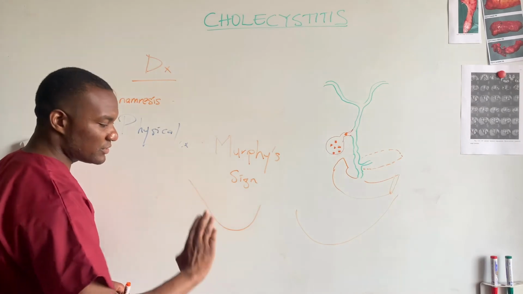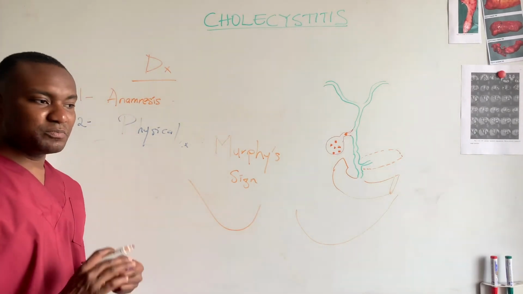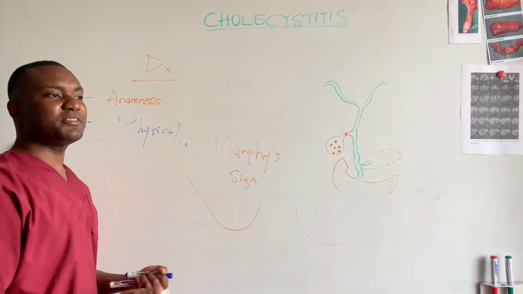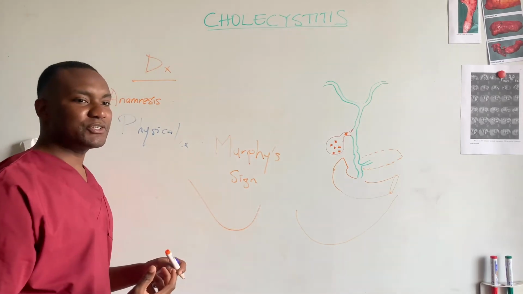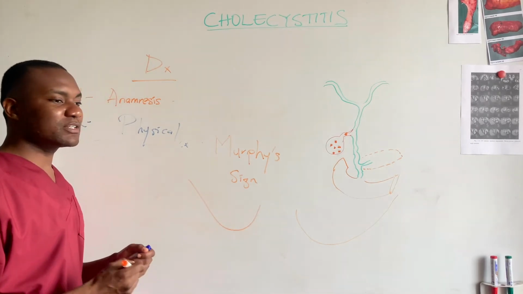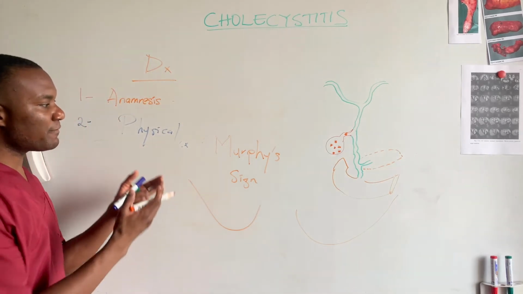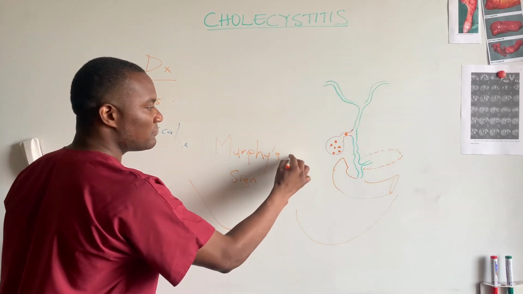You place the tips of your fingers, ask this patient to breathe out, and then ask this patient to breathe in, to inspire. At the height of inspiration, this patient's inspiration is interrupted. They interrupt the inspiration because of pain. And that is a positive Murphy's sign.